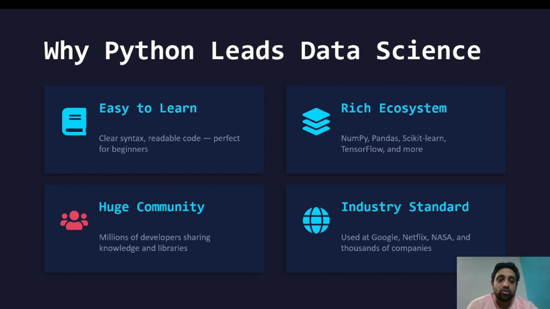Third, Python has a huge community of developers who constantly share knowledge, tutorials, and solutions, making it easier to learn and troubleshoot problems. Finally, Python is widely used in the industry by companies like Google, Netflix, and NASA, which makes it a highly valuable skill for career growth.